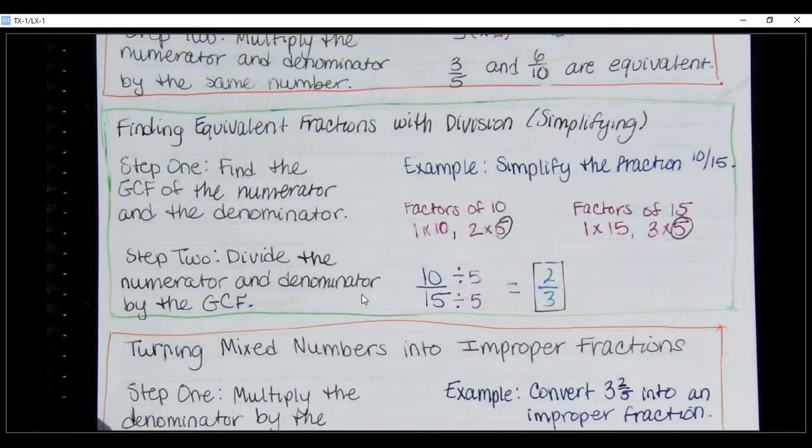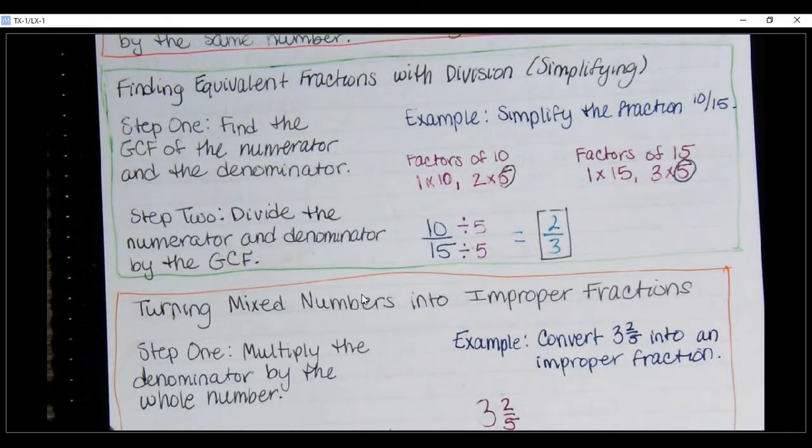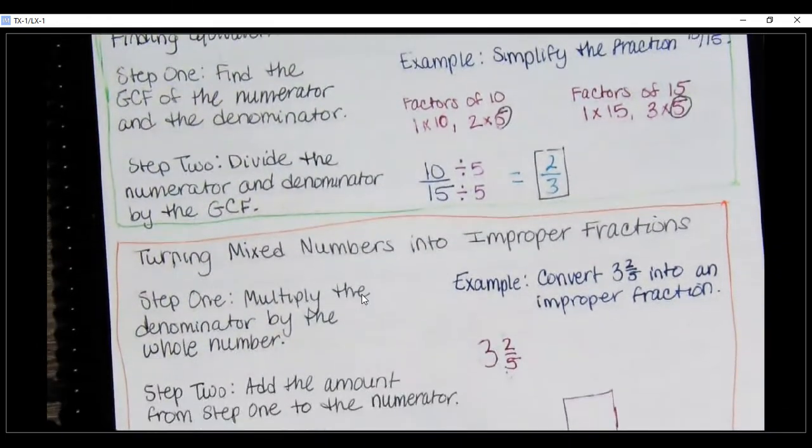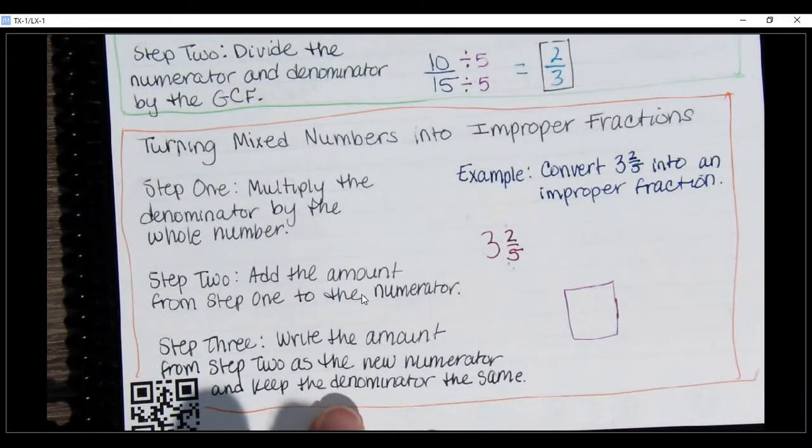There we go. I just found another equivalent fraction, but I did this by simplifying it, by going to the smallest numbers that I can. Next skill, I should say.